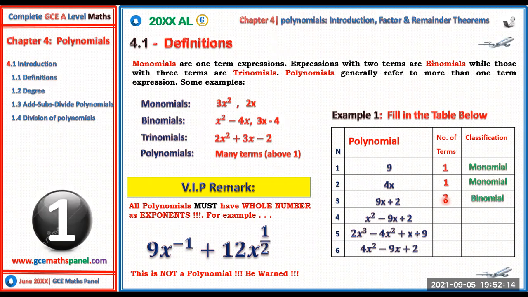This other one, number 4, has 3 terms, so it's a trinomial. Then number 5 has 4 terms, so it's a polynomial. The last one has 3 terms, it's a trinomial. So this is the classification, and this is very, very important.